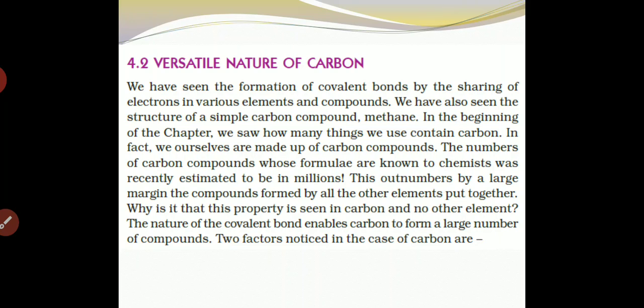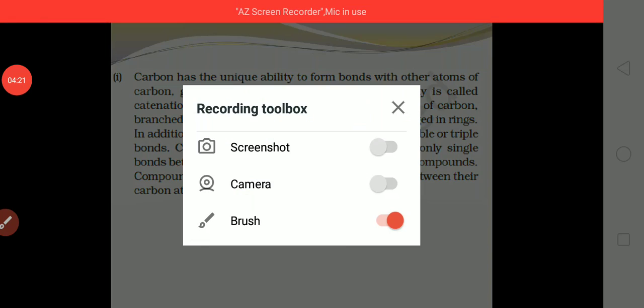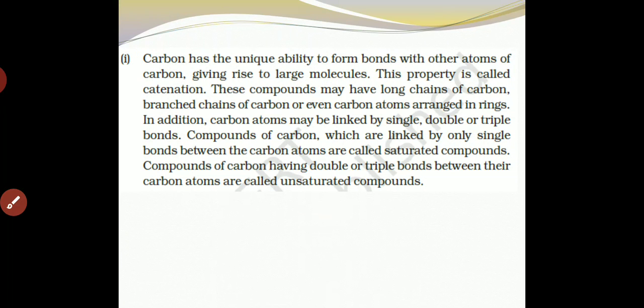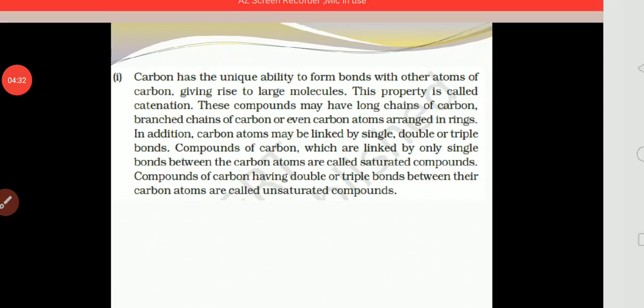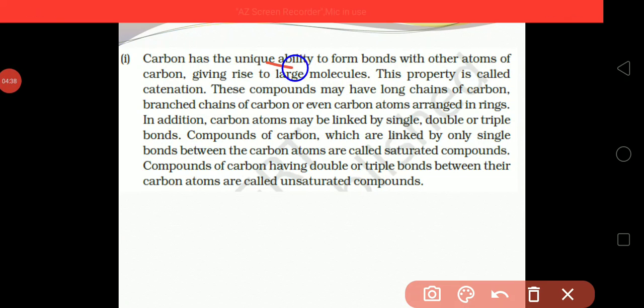Carbon will form bonds with the majority of elements. Carbon also has the unique ability to form bonds with other atoms of carbon, giving rise to a large number of compounds.